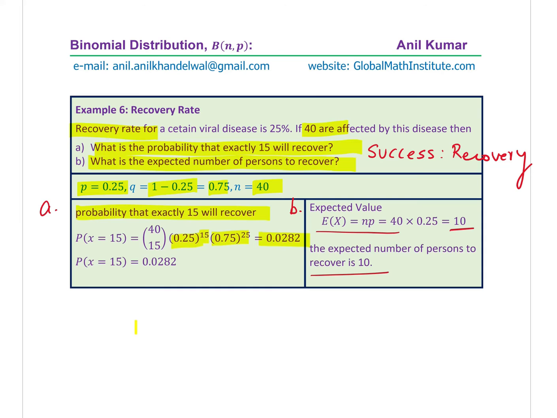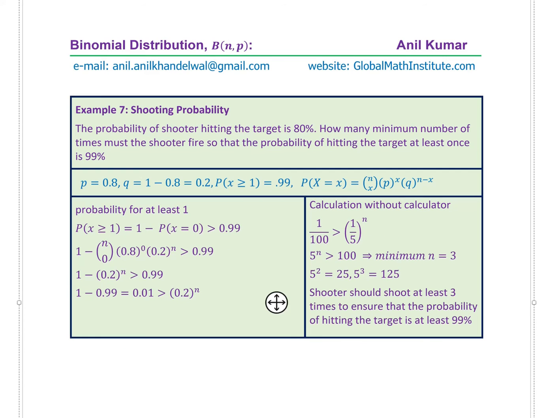So let's go to the next level of questions now, which is again all on probability. Question number 7 here: the probability of a shooter hitting the target is 80%. How many minimum number of times must the shooter fire so that the probability of hitting the target at least once is 99%, right?